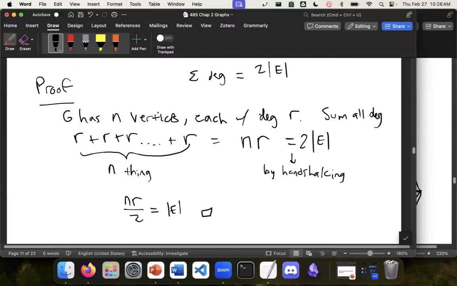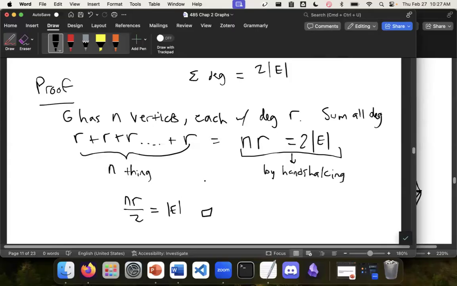That's the handshaking thing, where if everyone in this room shakes hands with each other, and each person counts how many handshakes they did, there will be 2 times more than actual handshakes that occurred. So we use that lemma. We add up all the degrees, which are just R, and there's n of those, so that's n times R. And so by the handshaking lemma, n times R equals 2 times the number of edges. Just divide both sides by 2, and we get nR over 2 equals the number of edges.